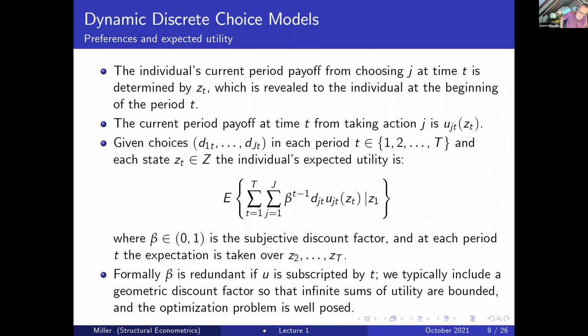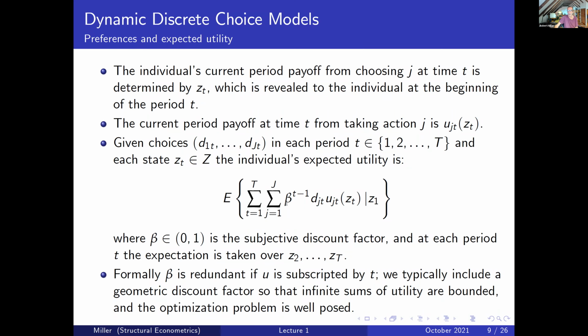So I've also subscripted the utility by a little t to reflect the fact that maybe at different ages you get different utilities. You like different things at different ages, young versus old. And so there is a sense in which I've got redundancy here.